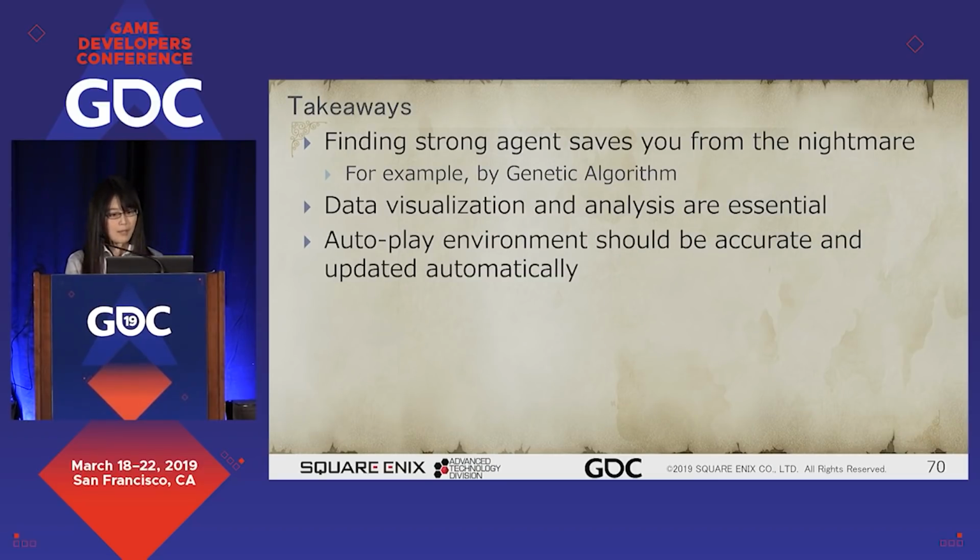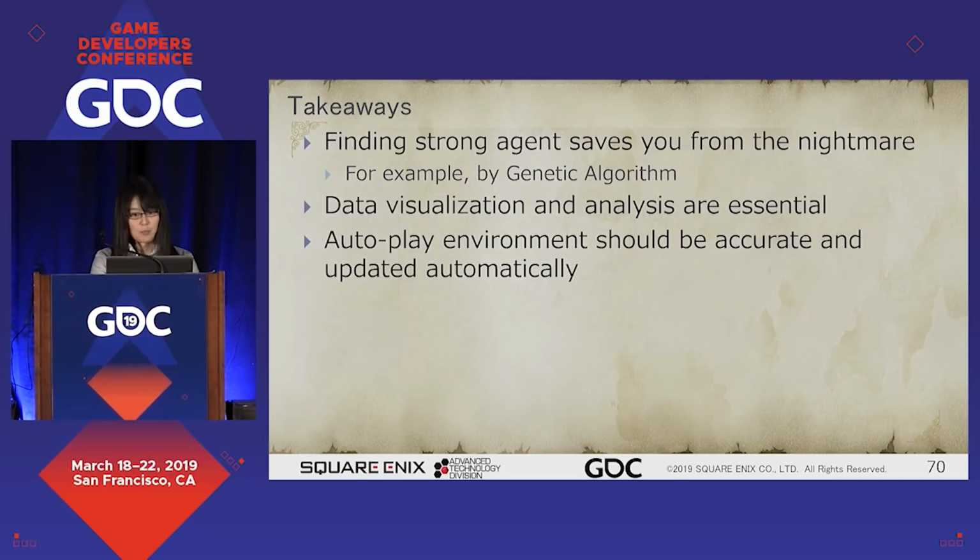An autoplay environment is also very important. If you implement it for your game, you should use the same logic as the actual game to guarantee the accuracy. In addition, the autoplay function must be updated automatically according to the actual game update.